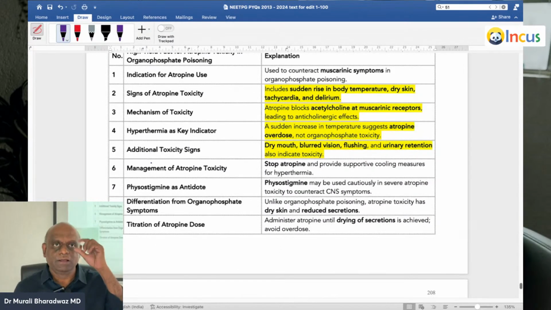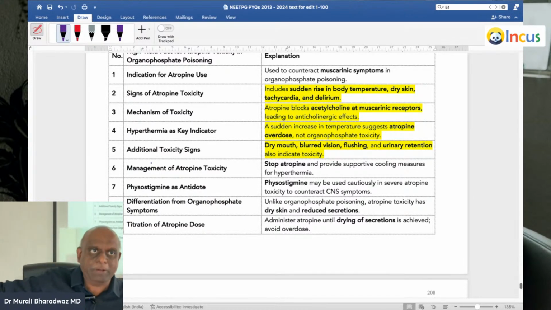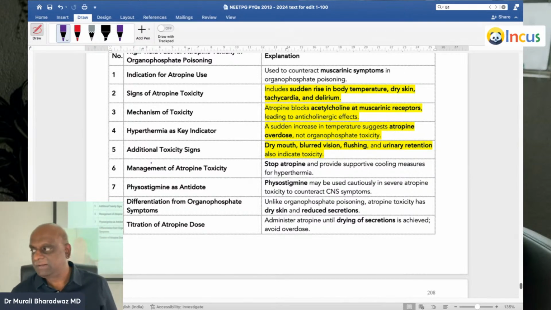Blurred vision because pupillary dilatation occurs, mydriasis occurs with atropine, miosis will occur with OP poisoning. Yesterday we discussed. There is also urinary retention. Acetylcholine stimulates the bladder, relaxes the sphincter, whereas atropine will relax the bladder, constrict the sphincter. That's what you need to remember.